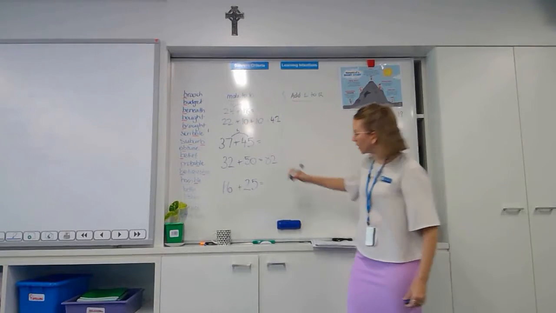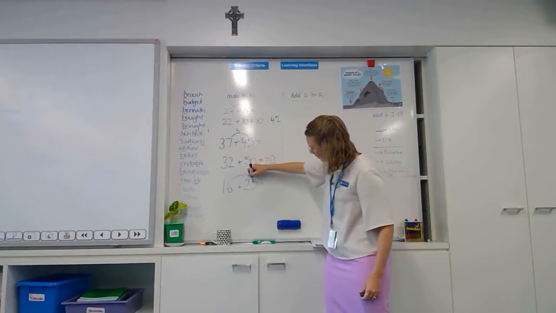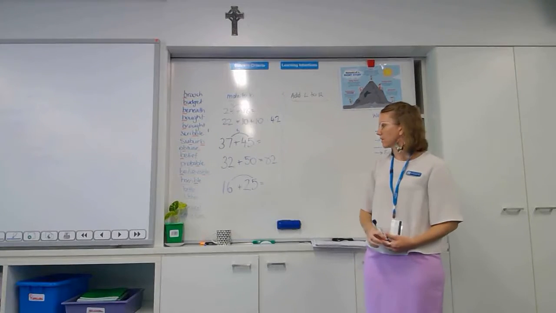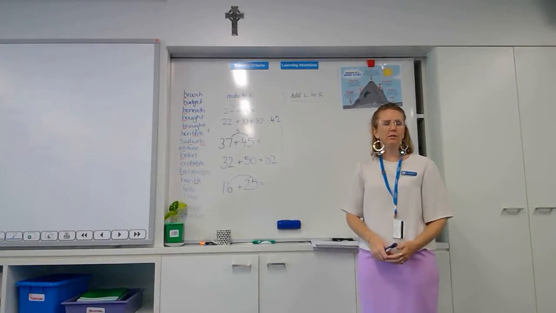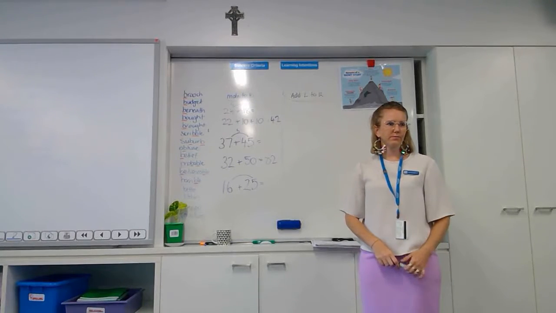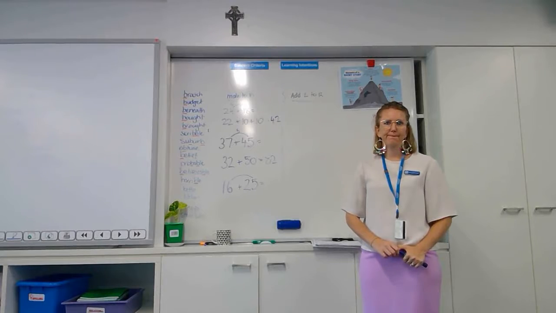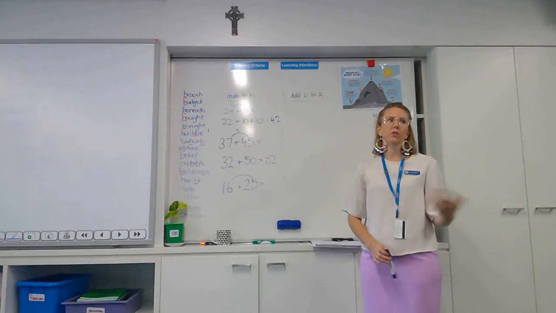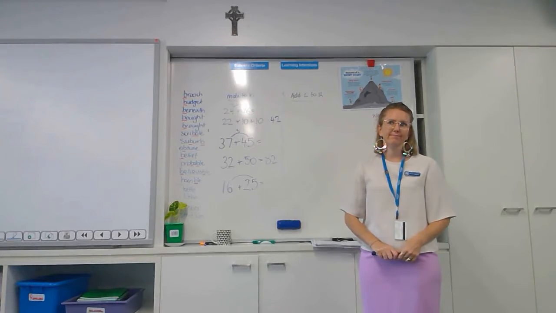So your goal is to work with your ones, place value. See if you can make a 10 out of that. And do with the rest. And then also hopefully get the right answer. Oh, you want us to get the right answer? That would be excellent.